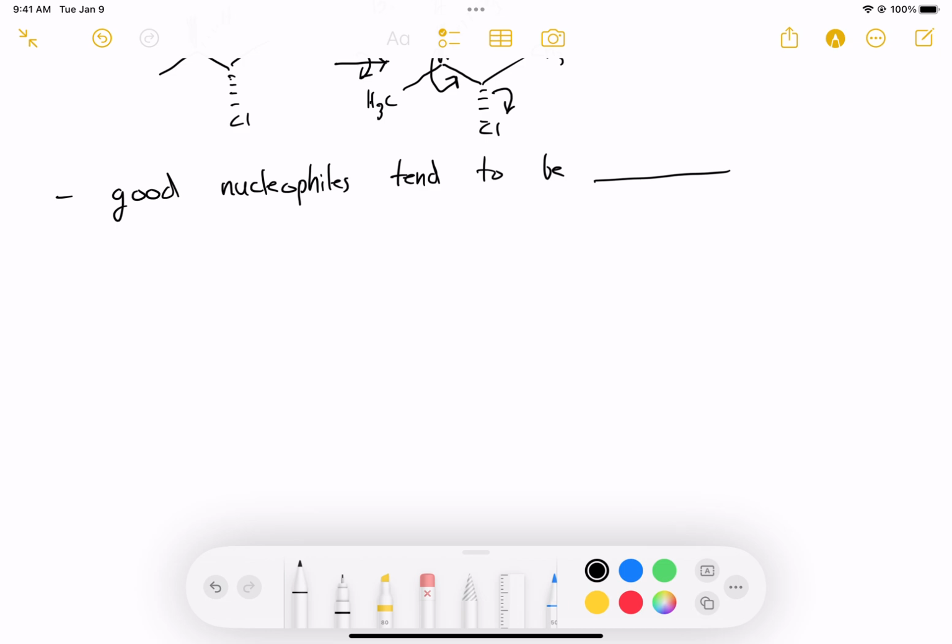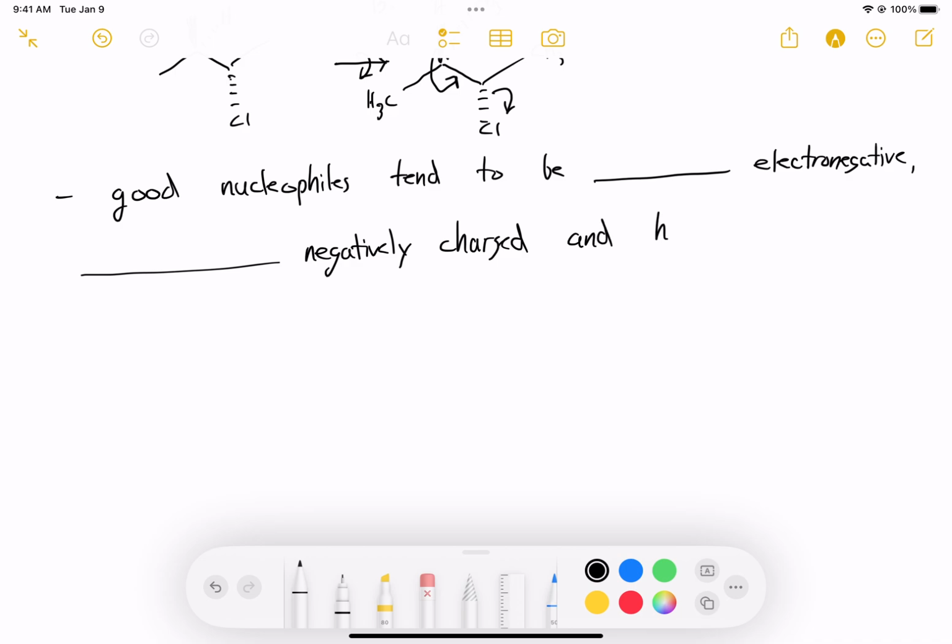Be blank. Well, I kind of just said it, but blank, negatively charged, and have blank orbitals.